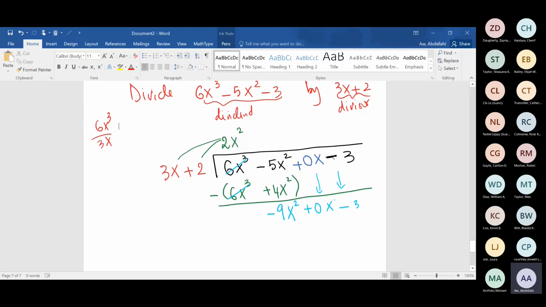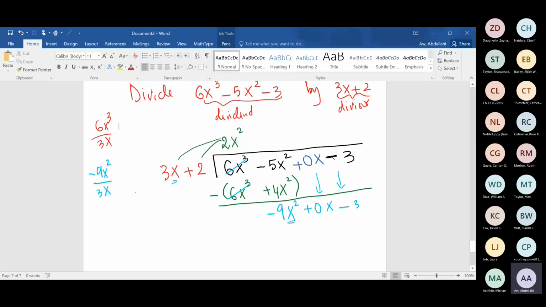And then, do we stop? We don't stop until we cannot divide anymore, until the degree of the divisor is bigger than the degree of what I have here. Negative 9x squared and then 3x. I take this one and divide by this one right here: negative 9x squared divided by 3x.